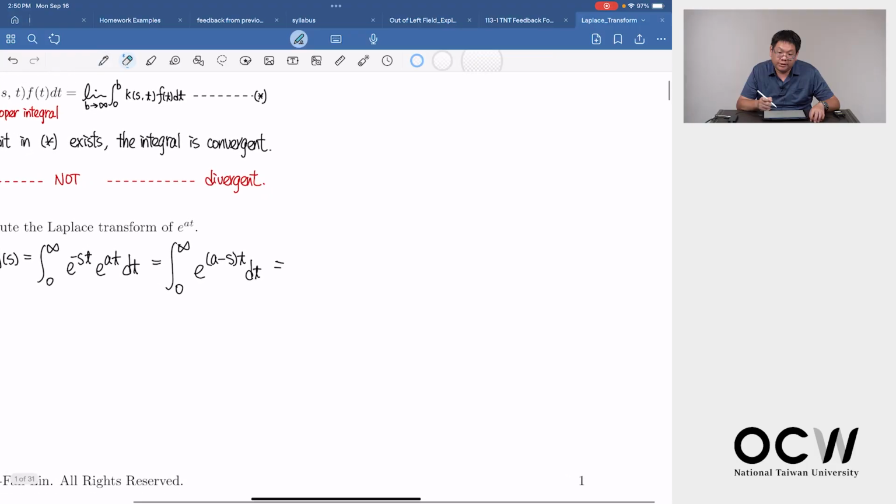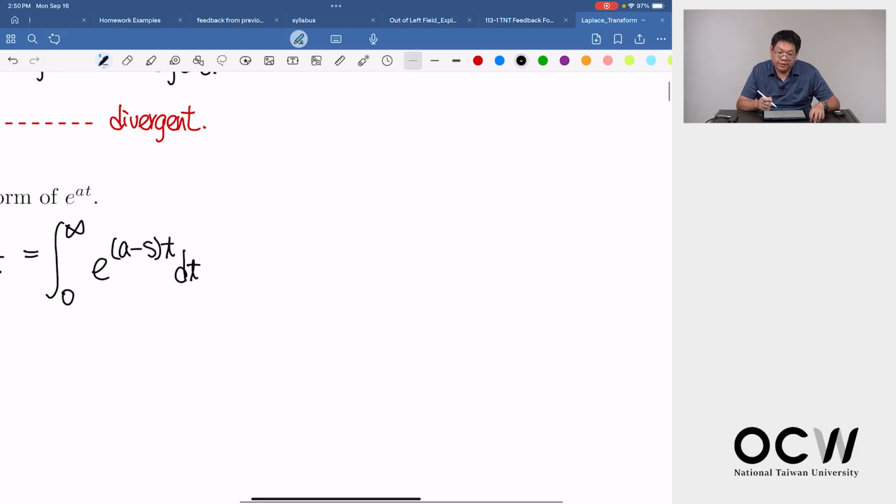Okay, so this improper integral, we can take the limit. So actually, you can think of here as the integration from 0 to k, e to the (a minus s)t dt, and then k goes to infinity.